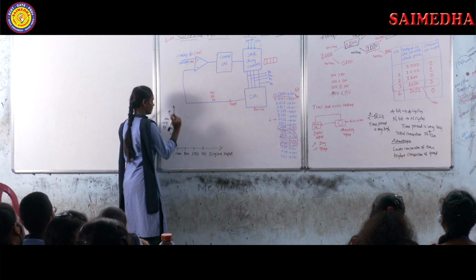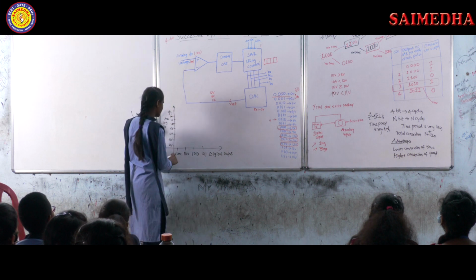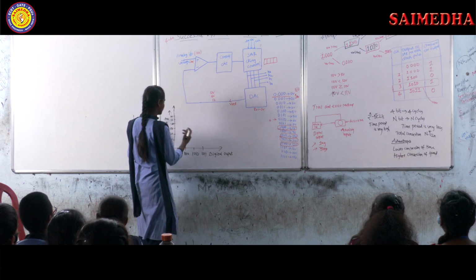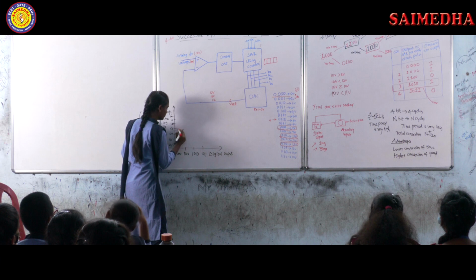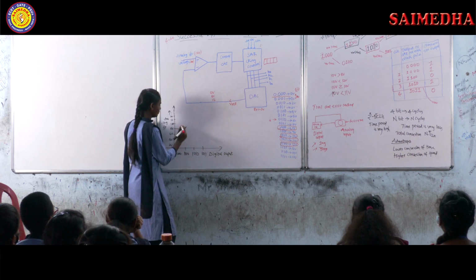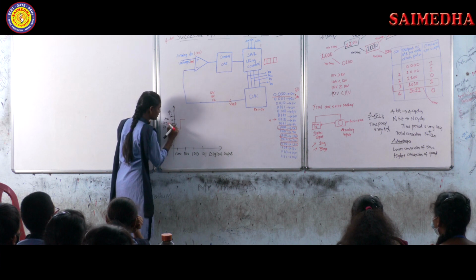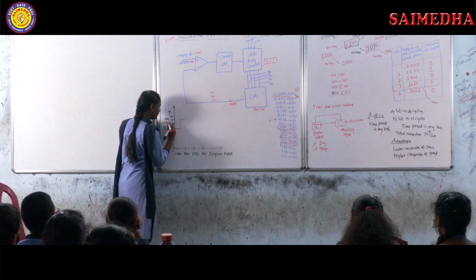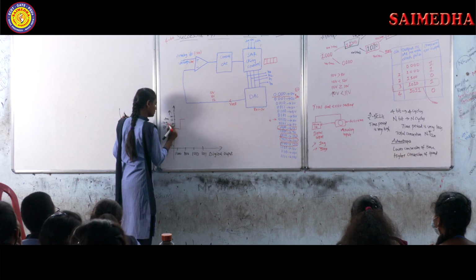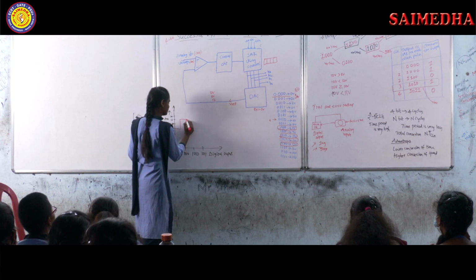So whenever the digital output is 1000, the corresponding voltage is 8 volts, right? So here the 8 volts, and next whenever we give 1100, it is 12 volts. Here we are considering 10 volts as Vin, because Vin we are taking as 10 volts.